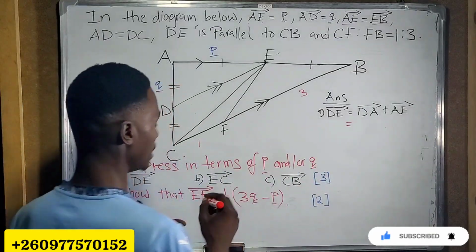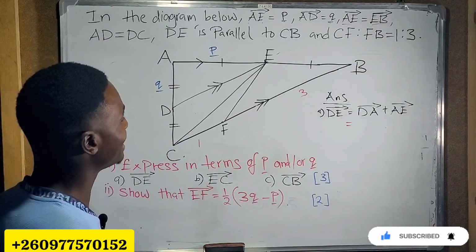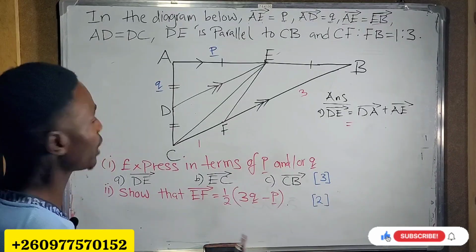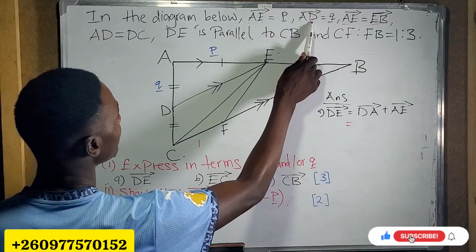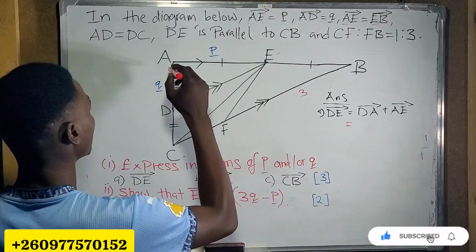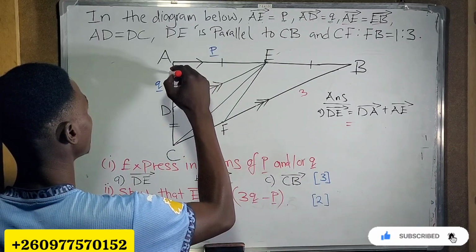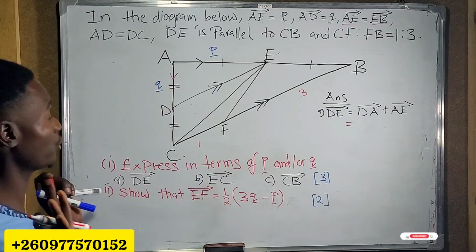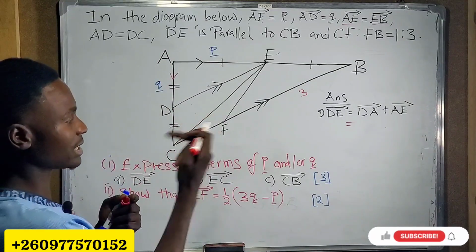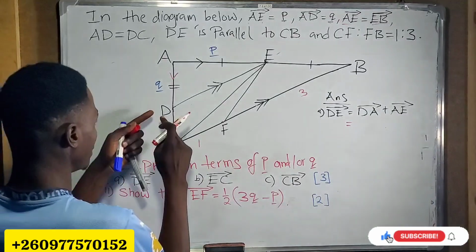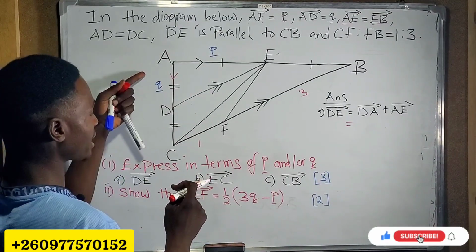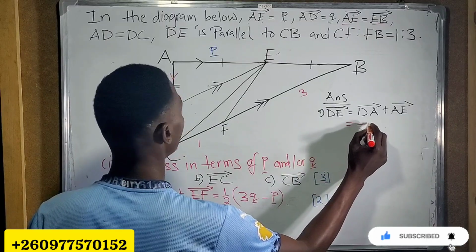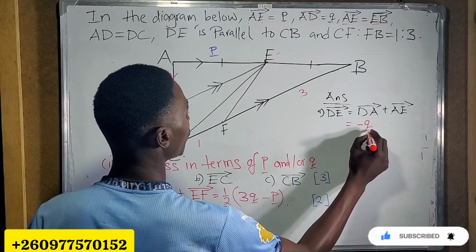So DE is equal to DA. What is DA? Check AD, this vector is just coming down here. AD is positive vector Q, meaning the opposite is negative. DA, moving in the opposite direction, will be negative vector Q.